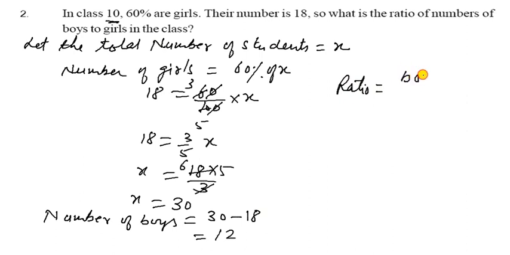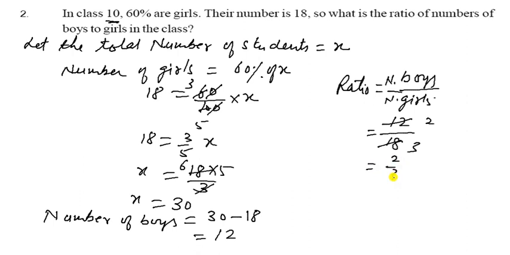So you can write number of boys upon number of girls. Put the values: number of boys is 12 and number of girls is 18. So 6 2 times 12 and 6 3 times 18. So we get 2 by 3, or we can say it is 2 is to 3. So that is your answer.